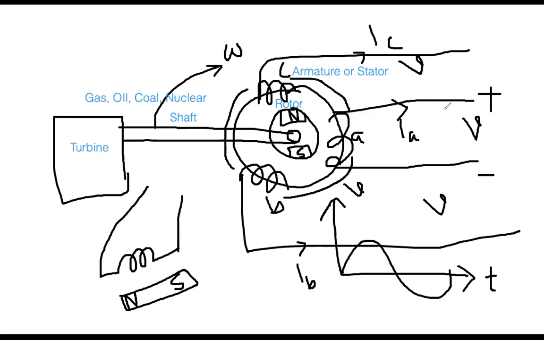the single phase system. But everybody see, whether it is three phase system or the single phase system, you need this arrangement. You must need a turbine, you need a shaft system, you need a magnetic field, or you need a magnet, and you must rotate it.